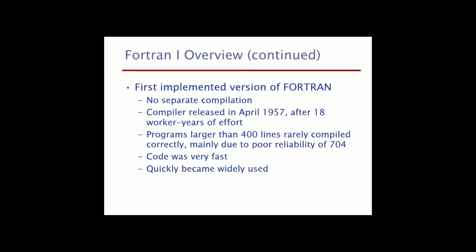Most likely they fail, because of the reliability of the 704 machine. That was a problem. The machine was the problem, not exactly the code. It was designed for a machine-specific language. It was not versatile. It wasn't running on any machine.